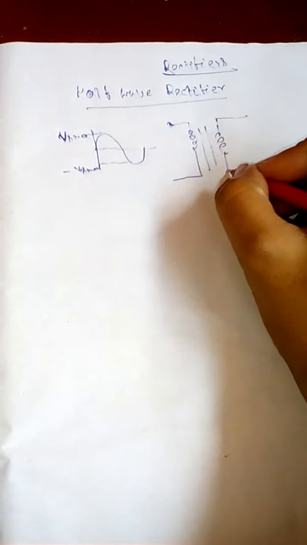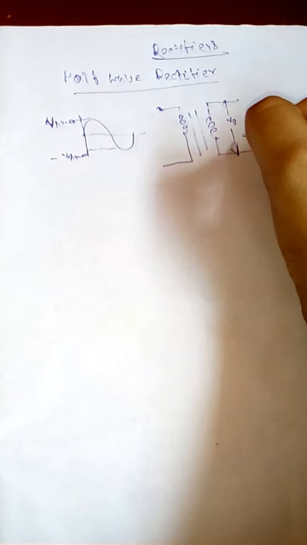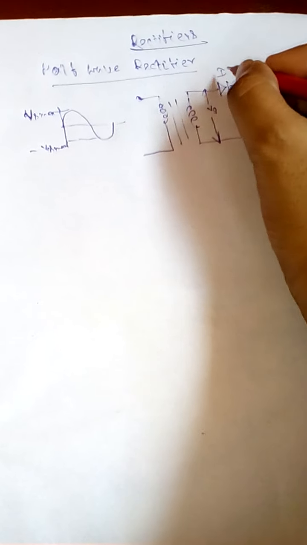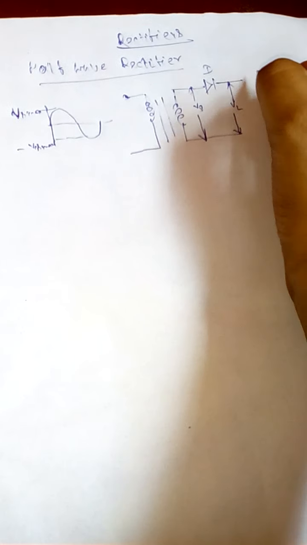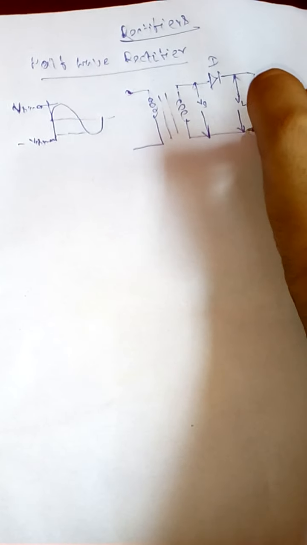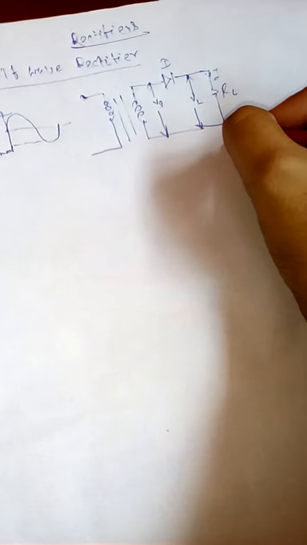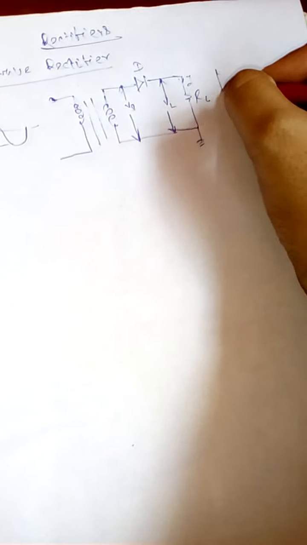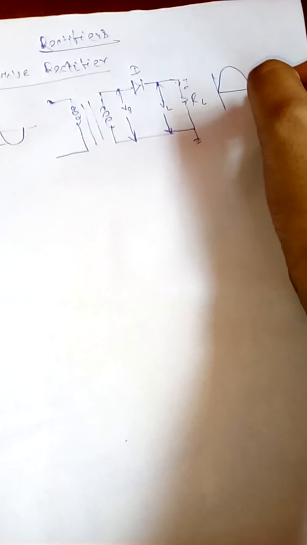Here Vs is applied, there is a diode D, here we take the VL and across the RL the current I. If we see the output, then the output will be only the half portion.